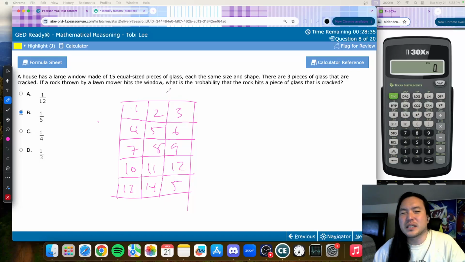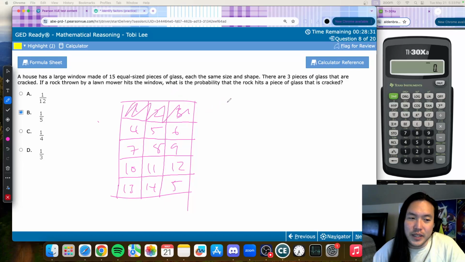And then 3 of these pieces are cracked. Just for simplicity's sake, let's say it's the top 3 that are cracked. If the rock hits one of the 15 pieces of glass randomly, which is the presumption here, what's the probability that we hit one of the cracked pieces of glass?